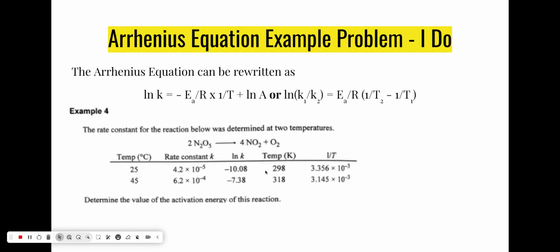Okay. So guys, before we go anywhere, I do want to point out something super important that the Arrhenius equation is supposed to do. It's supposed to show us how the magnitude of the rate constant changes with respect to temperature. So you'll notice the rate constant increased, right? It went from 4.2 times 10 to the negative fifth up to 6.2 times 10 to the negative fourth when we increase the temperature by 20 degrees Celsius.